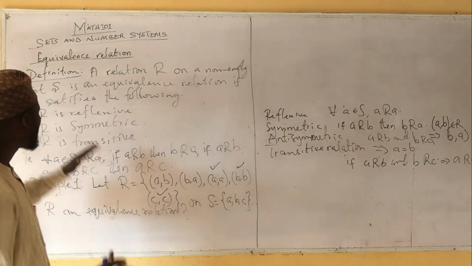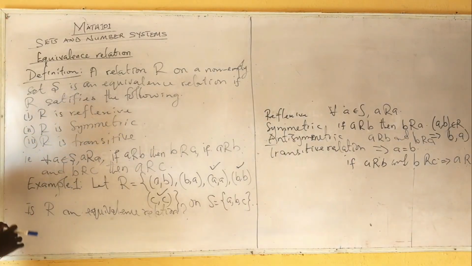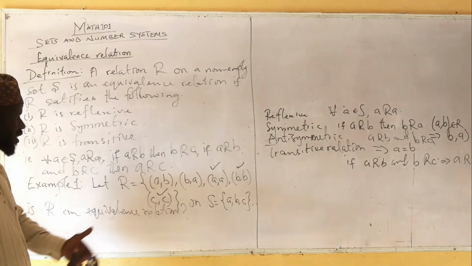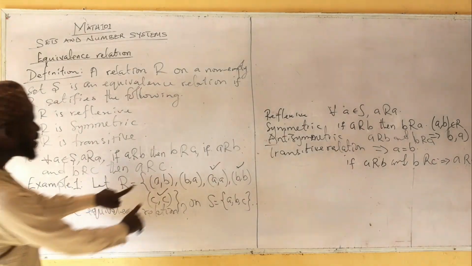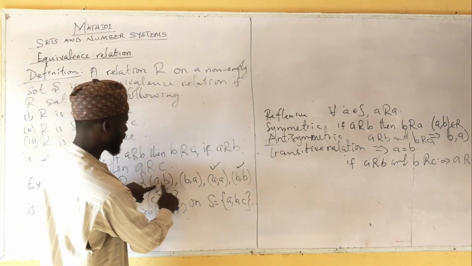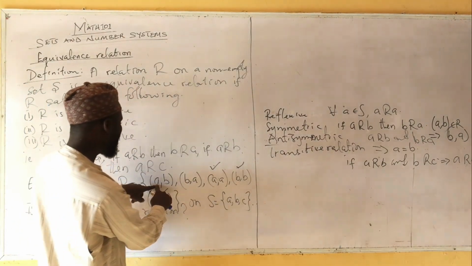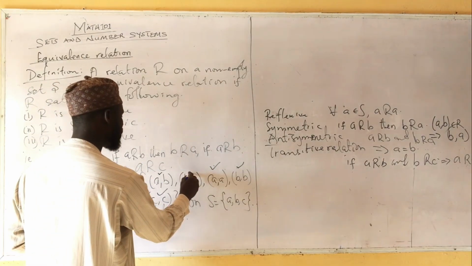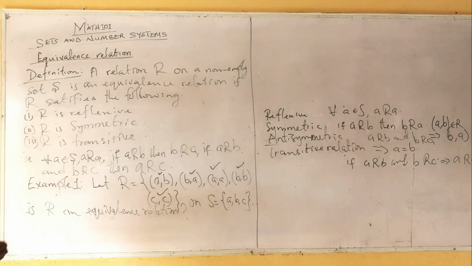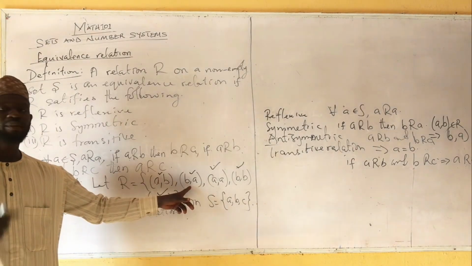So we have seen reflexivity has appeared now. Let's look at symmetry. So you have AB. Do we have BA? So we have AB and we have BA. So meaning the relation is what? Symmetric.